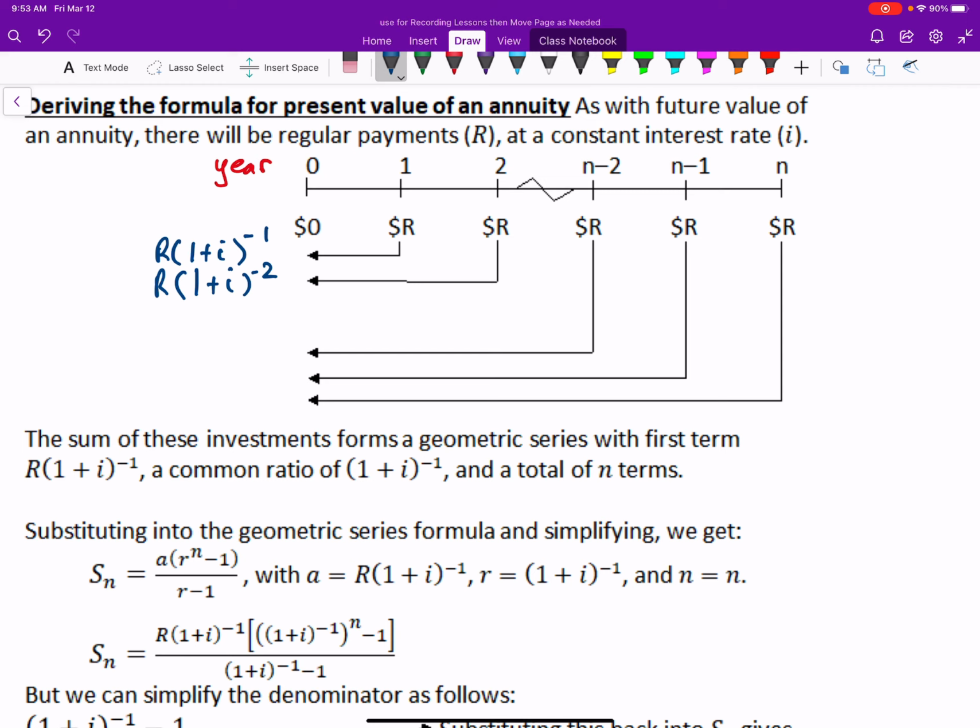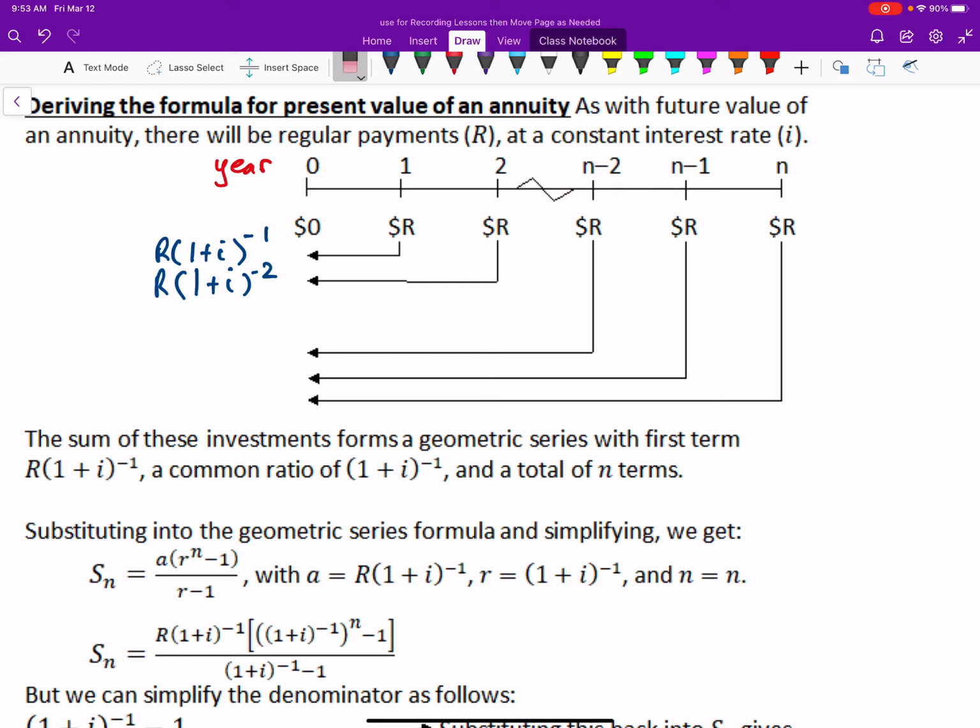And we can see how that's going to carry on payment by payment, time period by time period, until we get up to whatever n is, whatever the last one is. Could be 10 years, could be 50 years, it could be 30 weeks, whatever it is. n is our last one. This would be our third from last one, n minus 2. This would be our second from last one, n minus 1. n is our actual last one.